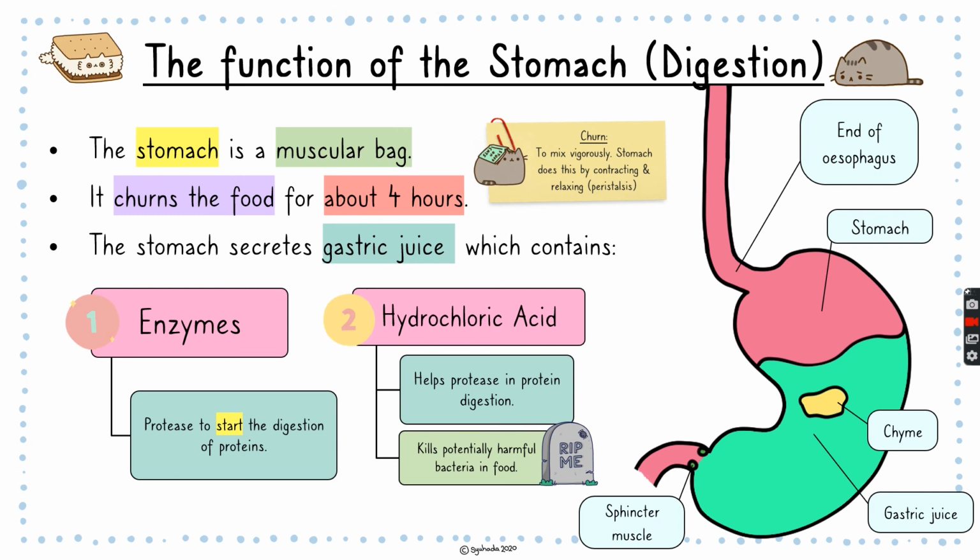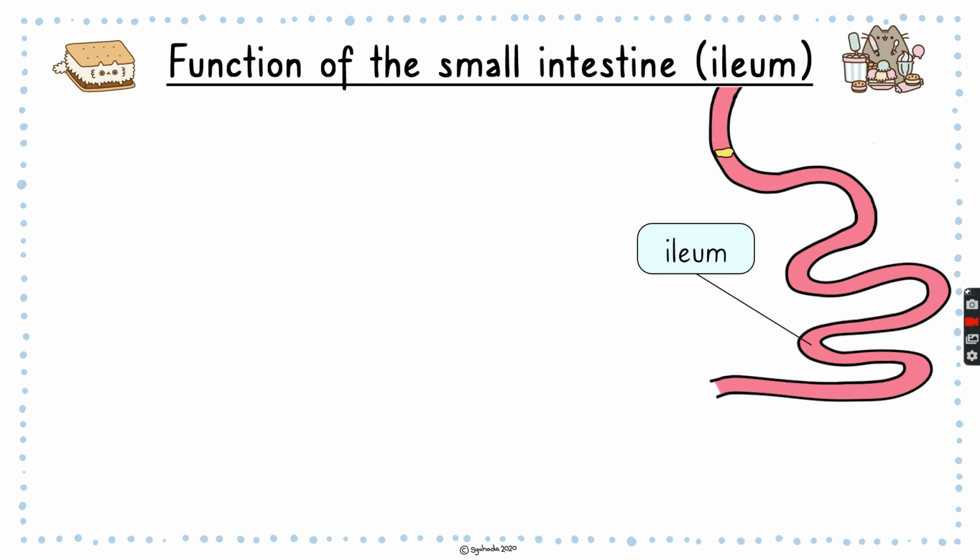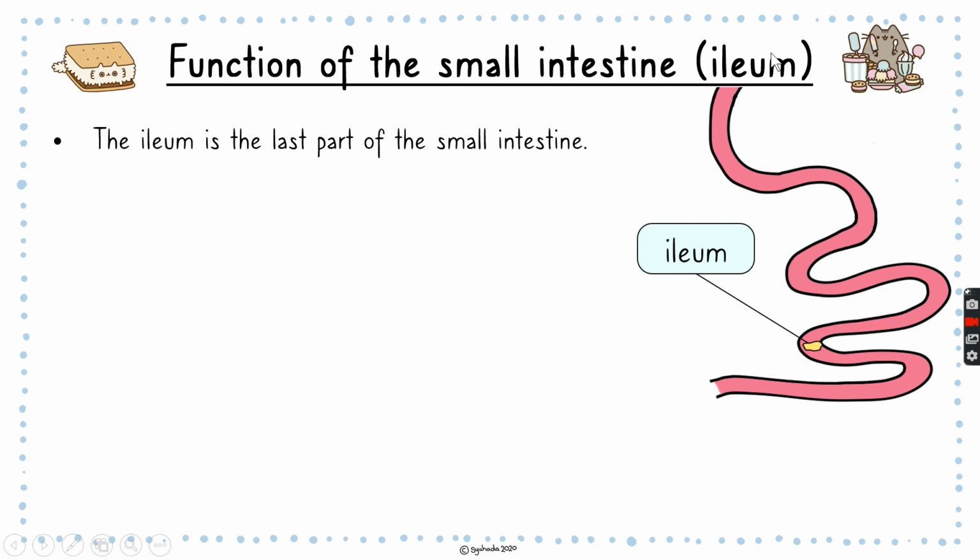And once that chyme is ready, it will then be released by the sphincter muscle, and it's going to go down the small intestine. So at first it goes down this part right here, which is the duodenum. It's going to be broken down here as well with digestion, but we're going to focus on the ileum first, which is for absorption.